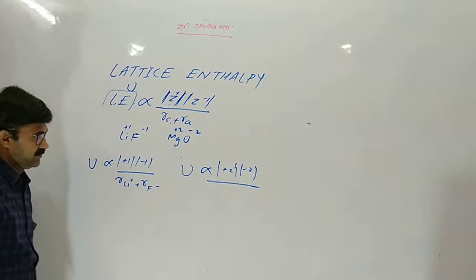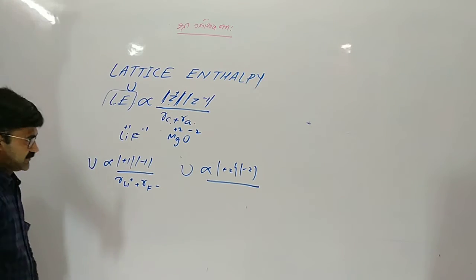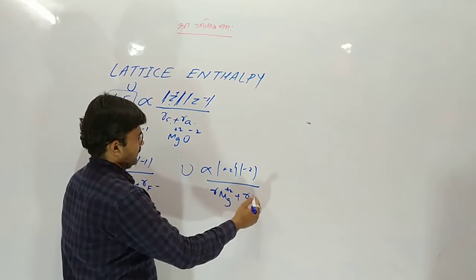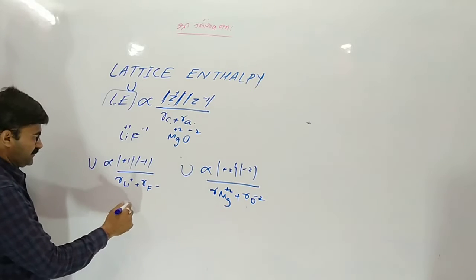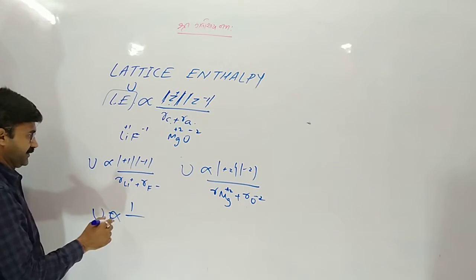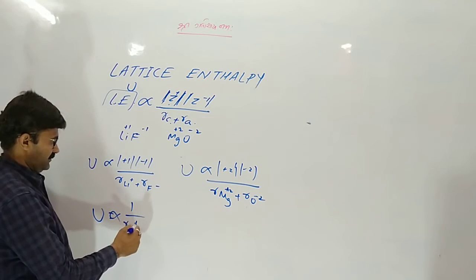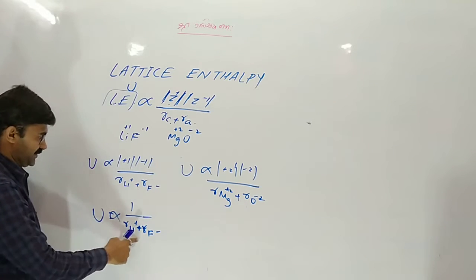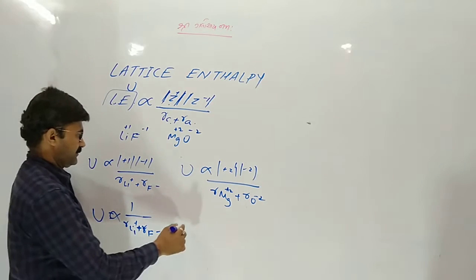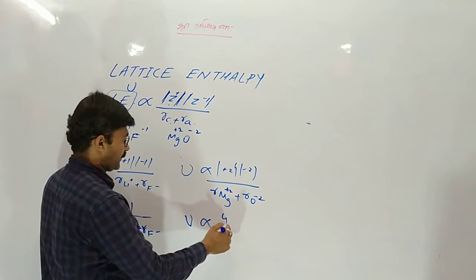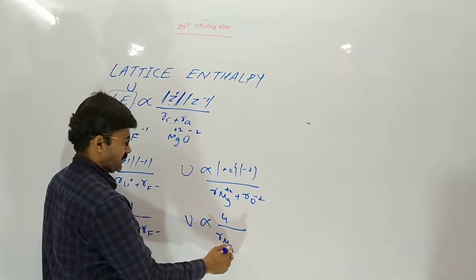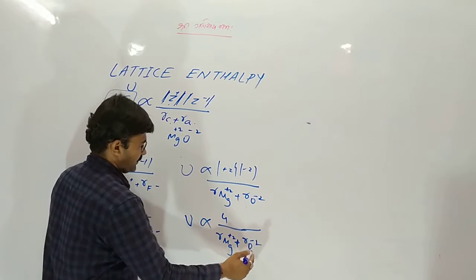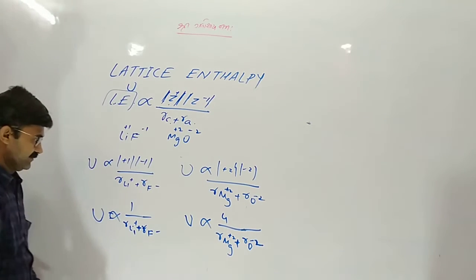Magnesium has charge plus 2, oxygen minus 2, over the radius of magnesium plus the radius of oxide. So the upper part for lithium fluoride is 1, and for magnesium oxide it is 4, with the lower part being the addition of the positive and negative ion radii.